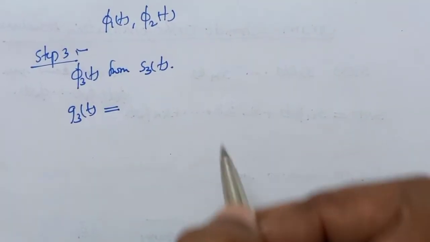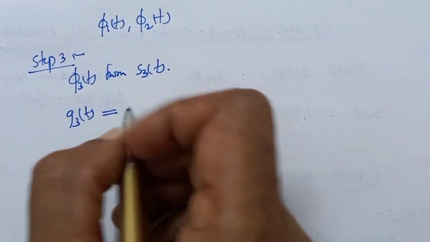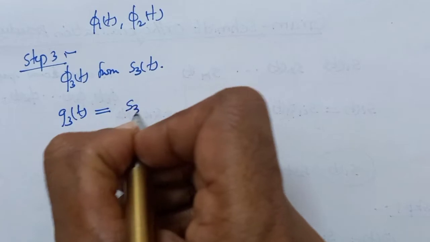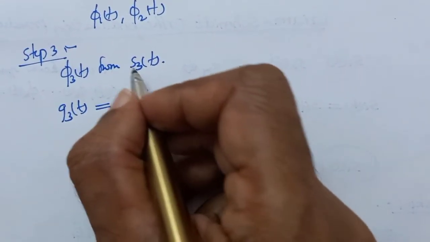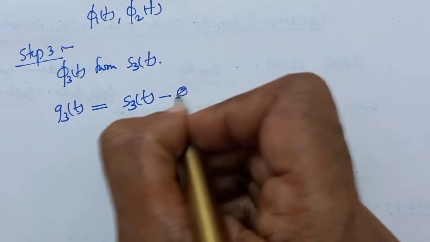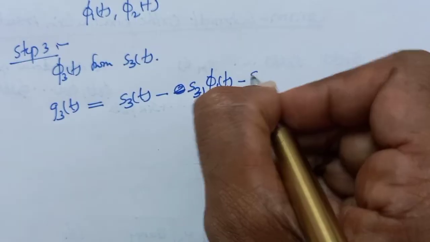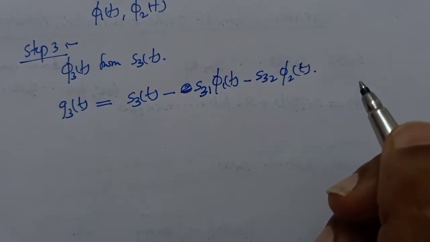The first axis is φ1(t) and the second axis is φ2(t). How will you find that orthogonal component? That will be removed from this s3(t), that is s3(t) minus the projection of s3(t) on the φ1(t) axis, s31 φ1(t), minus s32 φ2(t).